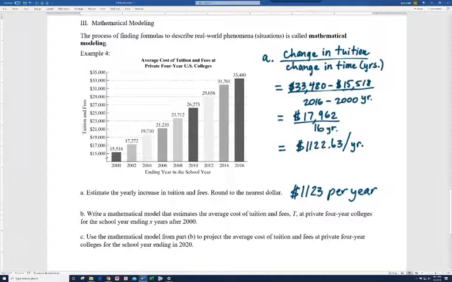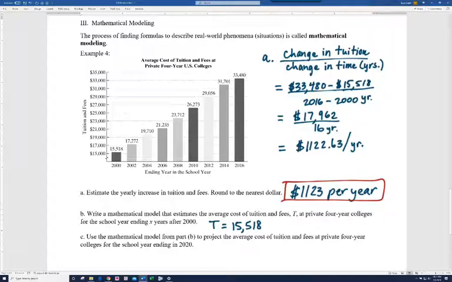Now in part B it says write a mathematical model that estimates the average cost of tuition and fees, which we're calling T, at private four-year colleges for the school year ending X years after 2000. All right, so T is going to be our tuition. Now, in 2000, the starting amount for tuition was $15,518.